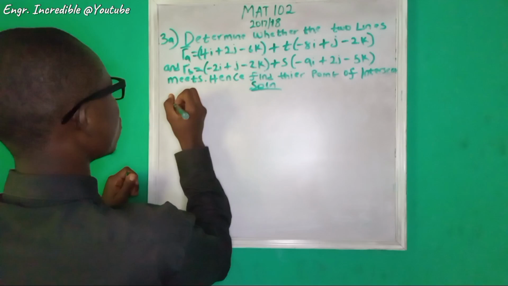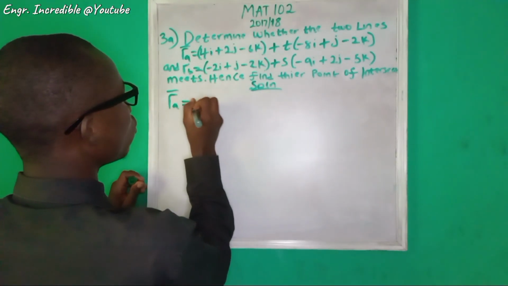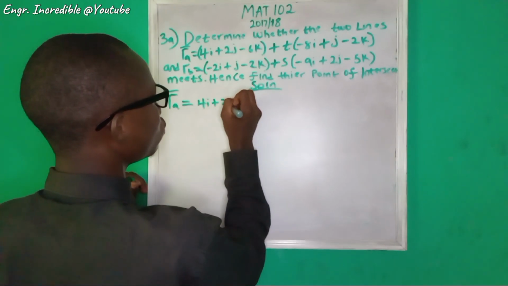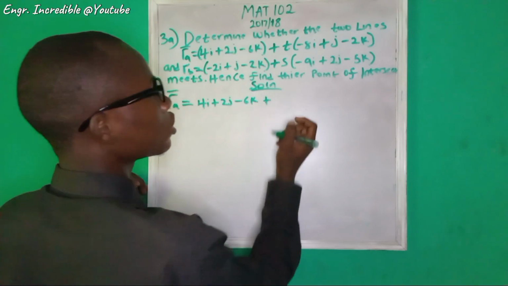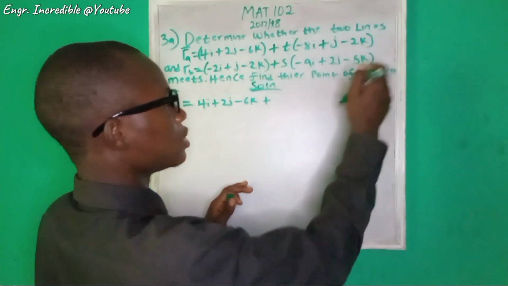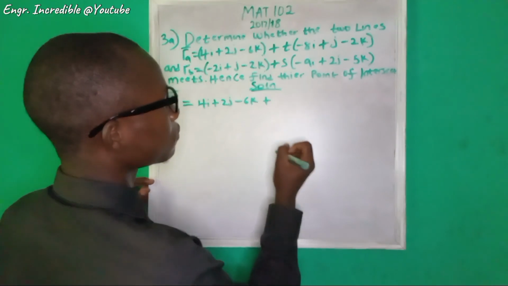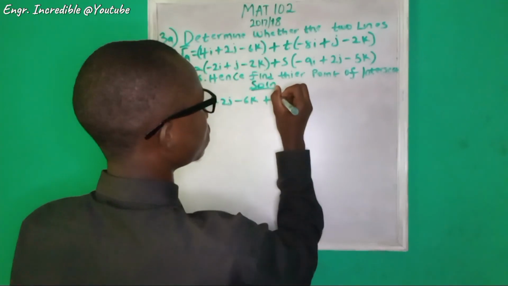So if r_A is equal to r_B, first of all let me expand my r_A first. We have r_A, line A, equals 4i + 2j - 6k + t(-8i + j - 2k). Let me put it inside the bracket.